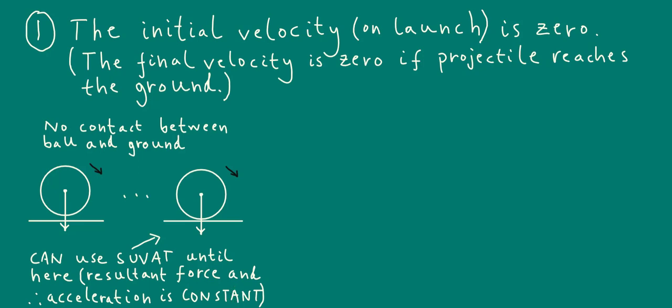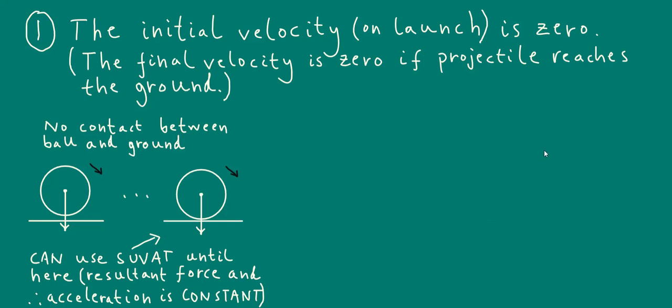So in other words, the final velocity that you would use in the SUVAT equations would be this final velocity that the ball has just before it makes contact with the ground. Now you might wonder why we can't use 0 as our final velocity, given that I mentioned that the ball, once it hits the ground, will eventually come to a rest.